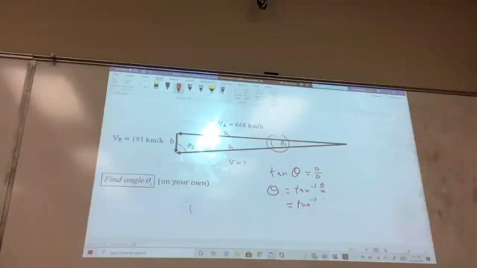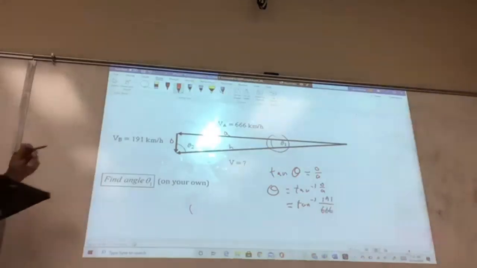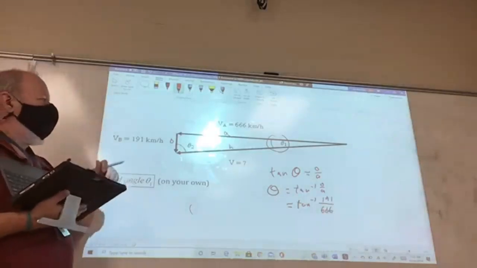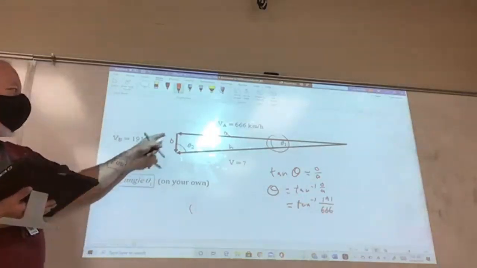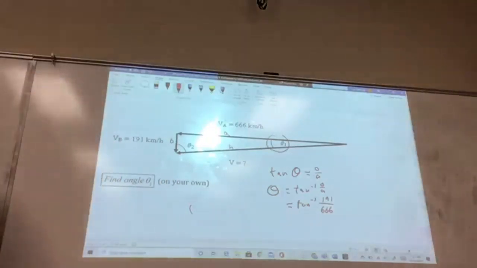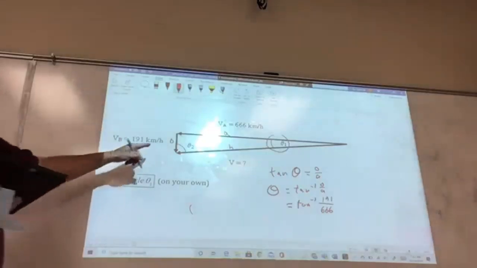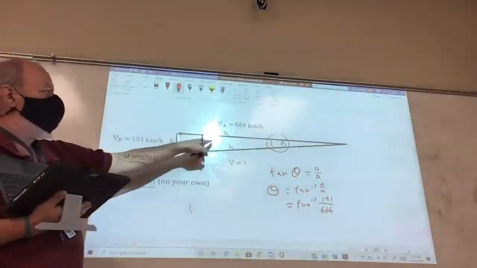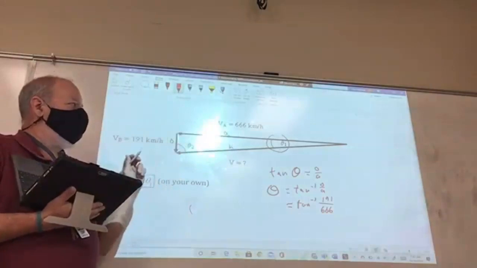191 over 666. Okay? Now, if you know this stuff and you know that the tangent, if the angle is less than 45 degrees, my value is going to be less than 1 because the opposite side is going to be shorter than the adjacent side.